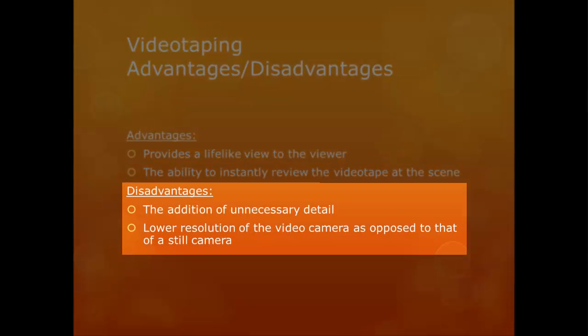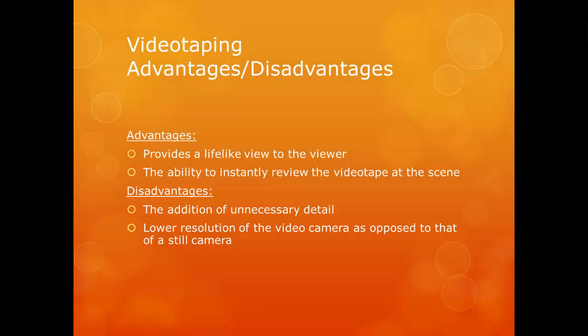Some of the drawbacks to the use of video come in the form of unnecessary data or detail that may not be pertinent to the criminal case, such as sporadic and candid audio from the investigators or other technicians at the scene, camera motion, image clarity, and other issues that could only be resolved through editing. The editing of video or even still images can be problematic in a courtroom setting and may jeopardize the admissibility of the video or image into the courtroom setting.